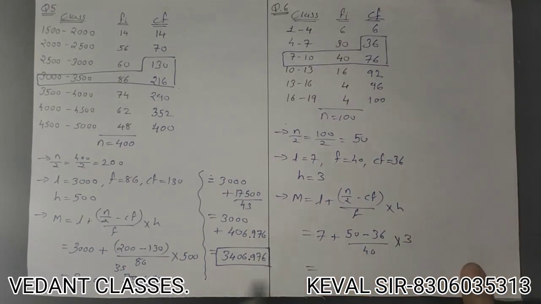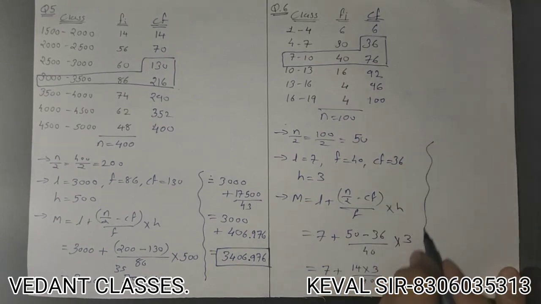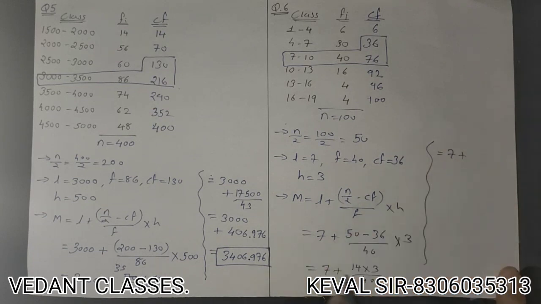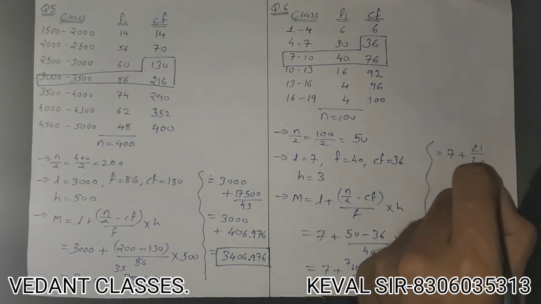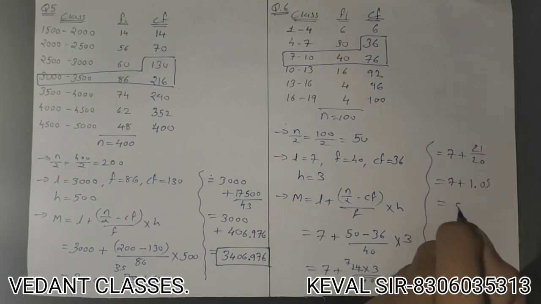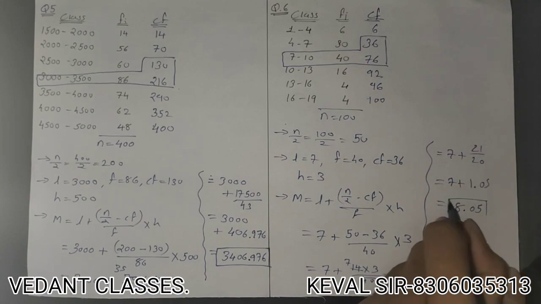Okay, so this will be 7 plus 14 into 3 upon 40. So cancelling this 2, it will be 7 plus 21 by 20. So dividing these two values we will get 1.05. So answer will be 8.05.